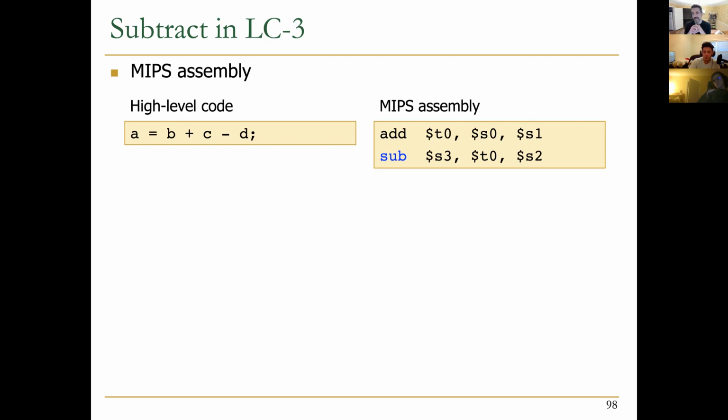So here we add S1 to S0 and put it to T0, and then we subtract S2 out of whatever we had in T0, and we put the result back to S3. This is what implements the high-level code on the left-hand side.